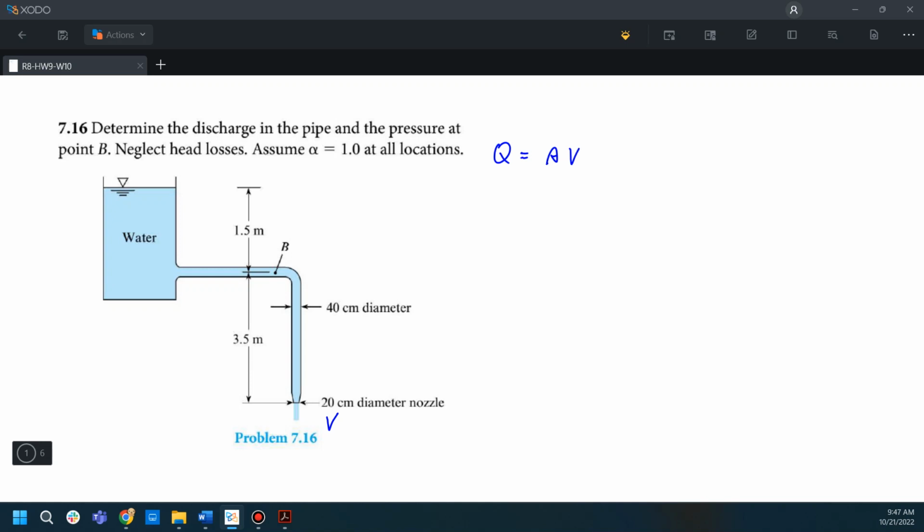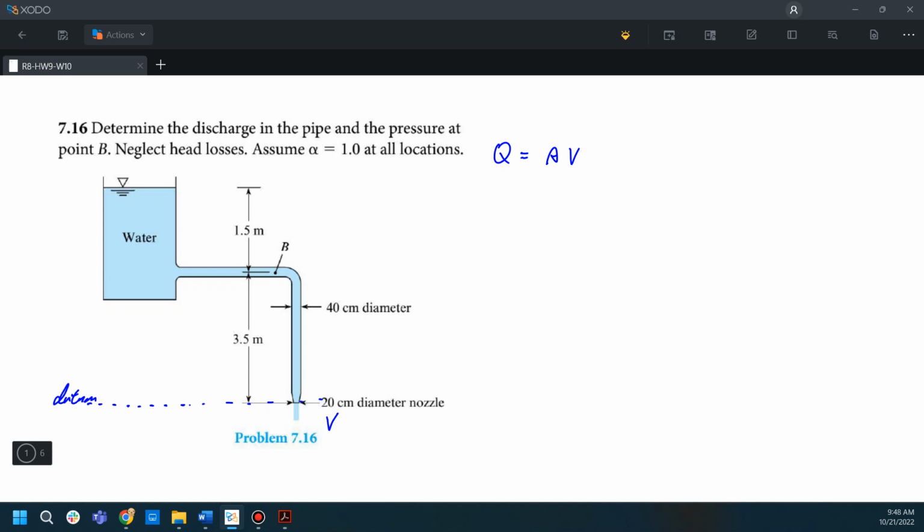And then we find the pressure at point B by applying the energy equation again. To begin with, let's define the datum to be at the nozzle point.